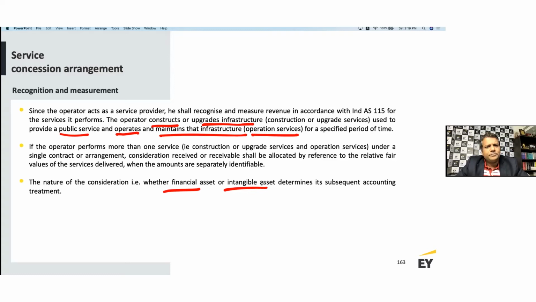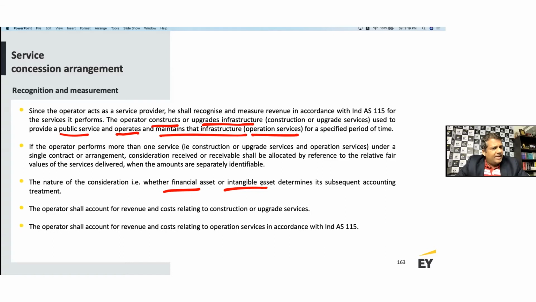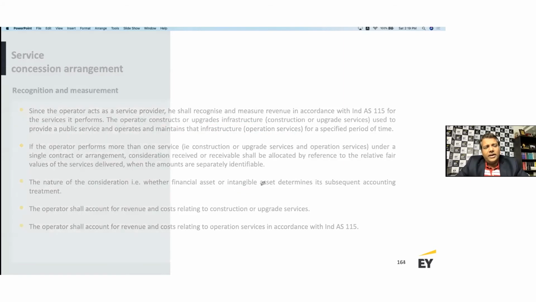All right. The operator shall account for revenue and cost relating to construction or upgrade services. The operator shall account for revenue and cost relating to operation services also in accordance with Ind AS 115.